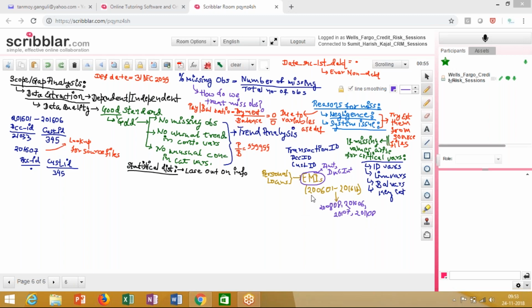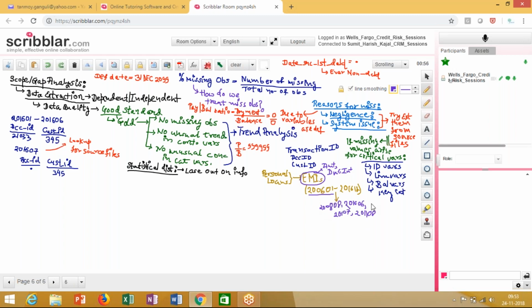Say EMI is available for 2000. So apart from these 4 months, EMI information is available throughout, right? Now, once that is done, I'll recreate the EMI variable following the EMI formula for some of these months, say from 2006-01 to 2008-07.